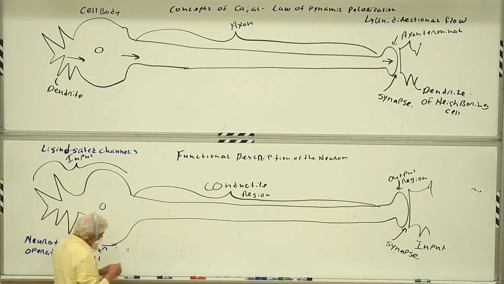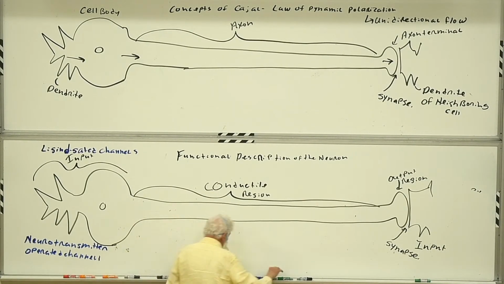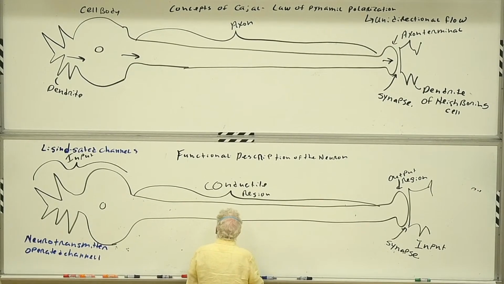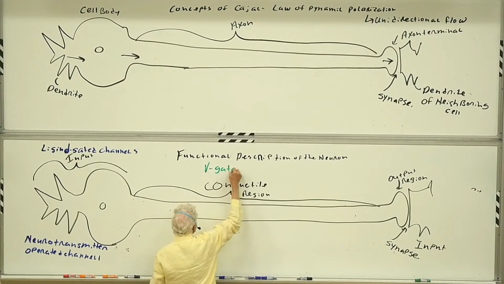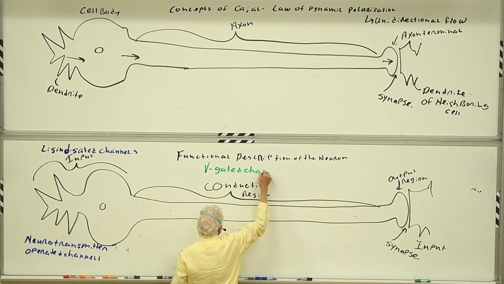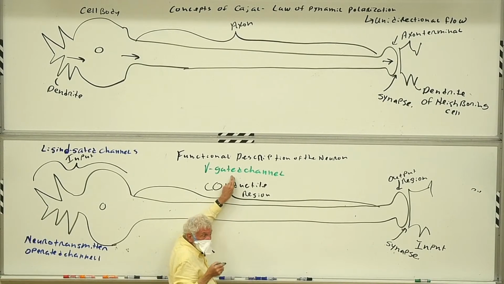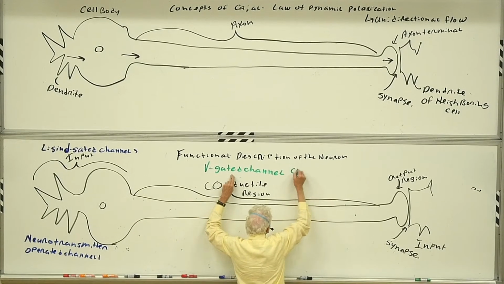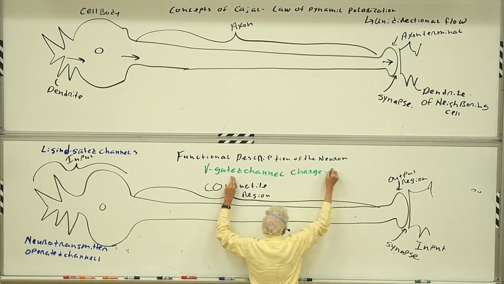And then we find that there are different series of channels here in the conductile region. The conductile region is characterized by a kind of channel called a voltage-gated channel. Another name for voltage-gated channel would be a charge-sensitive channel.